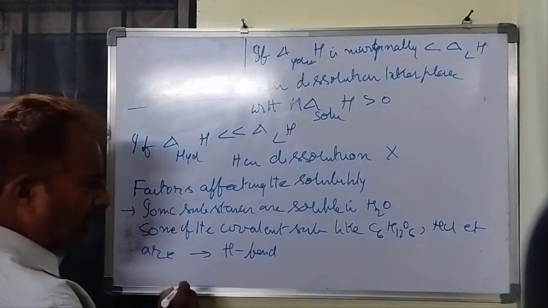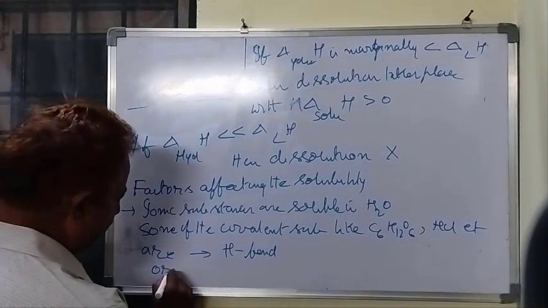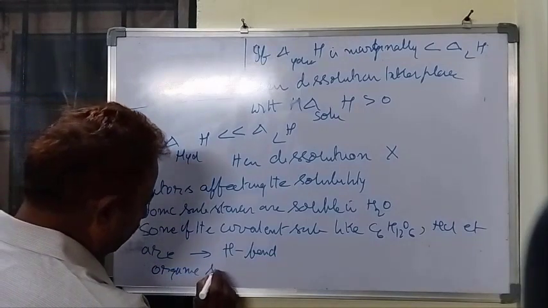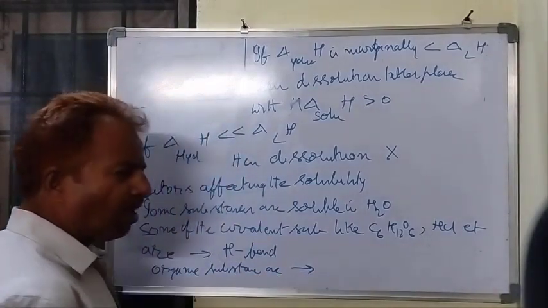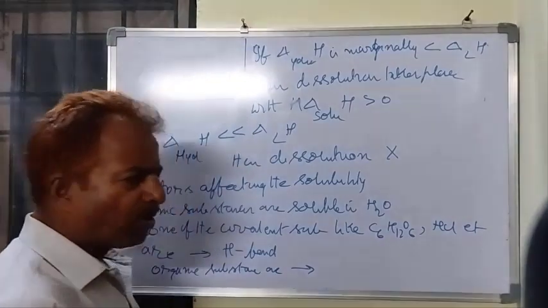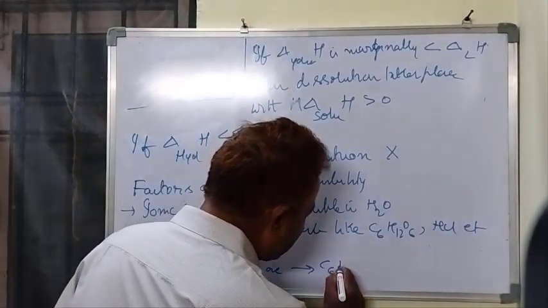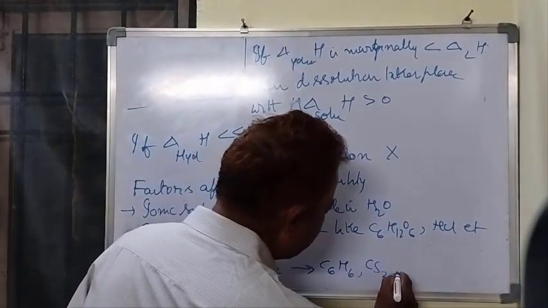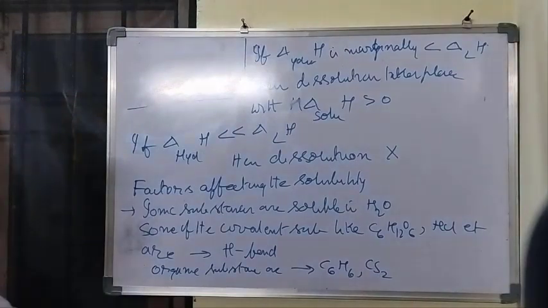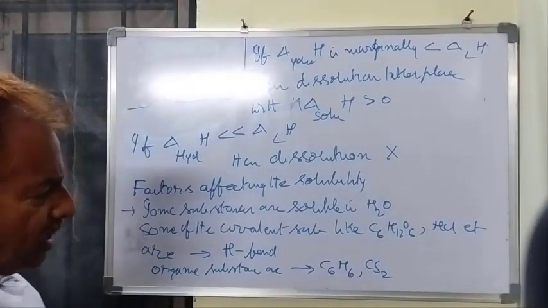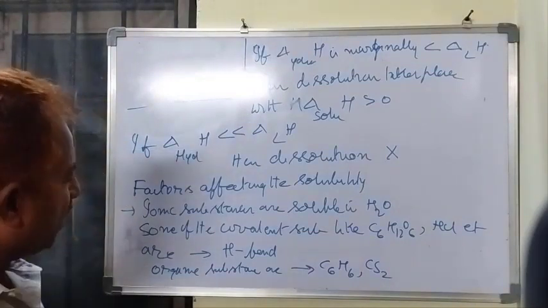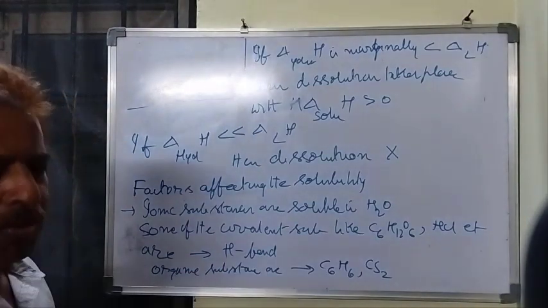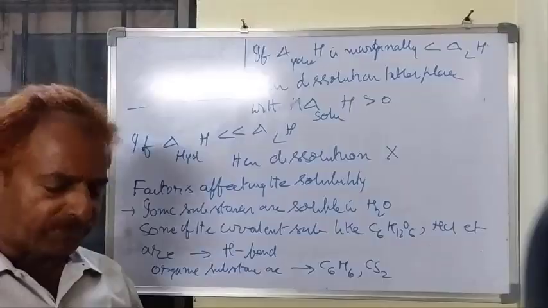Whereas organic substances are soluble in non-polar solvents like benzene, carbon disulfide, etc. So these are non-polar solvents. Organic substances are soluble in non-polar solvents, whereas ionic substances are soluble in polar solvents like water.